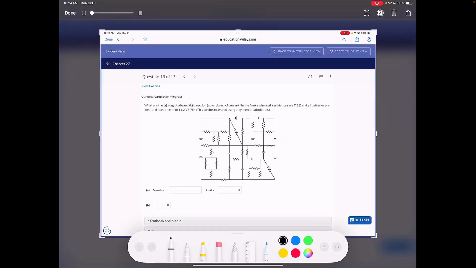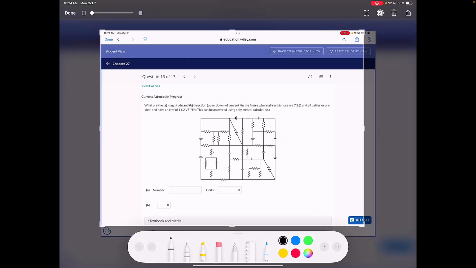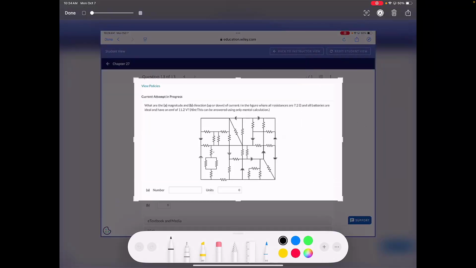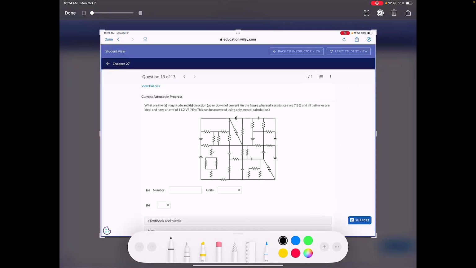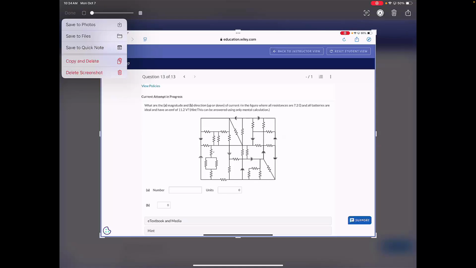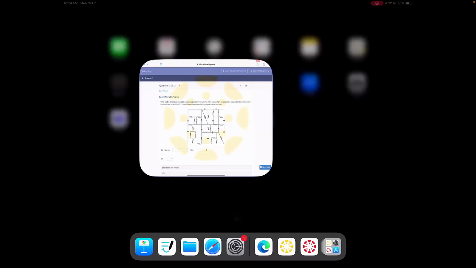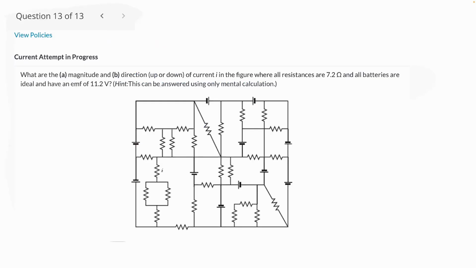But what I do is I hit done, then copy and delete, because I just need it in memory. I don't need it in my photos. Then I open up GoodNotes.